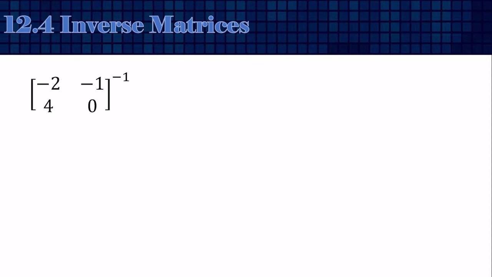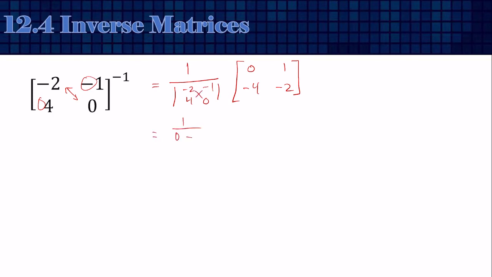Let's try another. Okay, to find the inverse, it's 1 over the determinant times the mixed up matrix. Downward diagonal trades places. Upward diagonals changing signs, so it'll be a -4 and a +1. Find the determinant, so it'll be 0 minus -4.